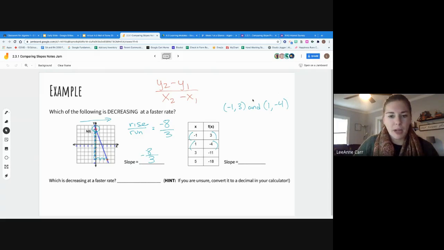Okay. I want everybody to take a moment, and using our slope formula, I want you to find the slope between those 2 points. Okay, I am going to call on someone, so have your answer ready. You should be writing this on a separate sheet of paper so you are ready to go. You're finding the slope between -1, 3 and 1, -4.